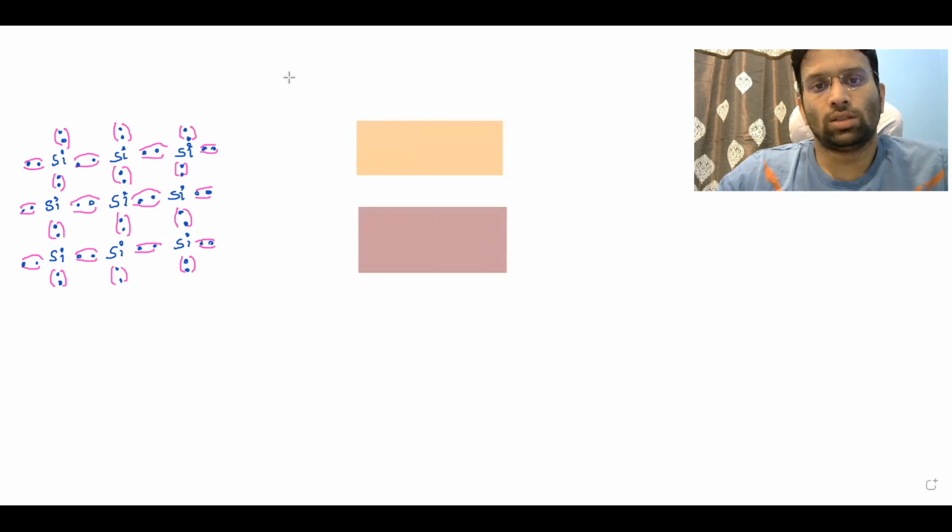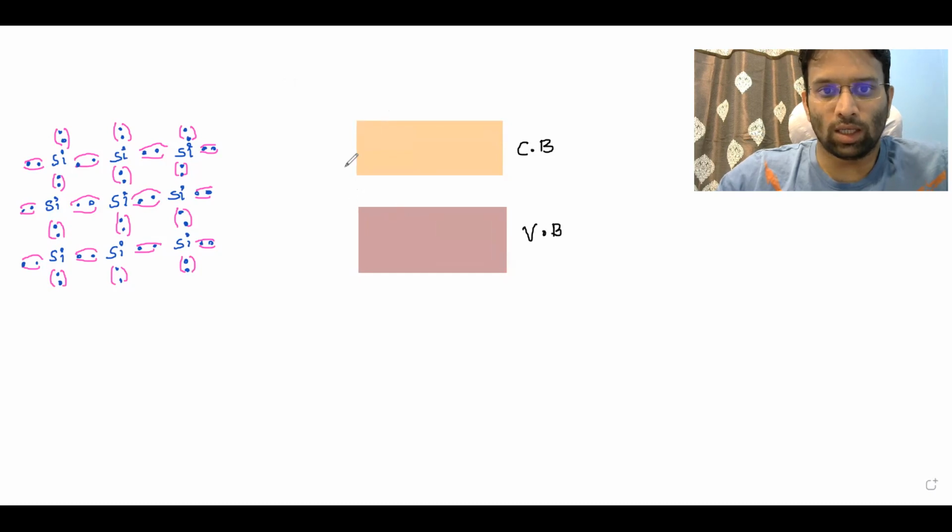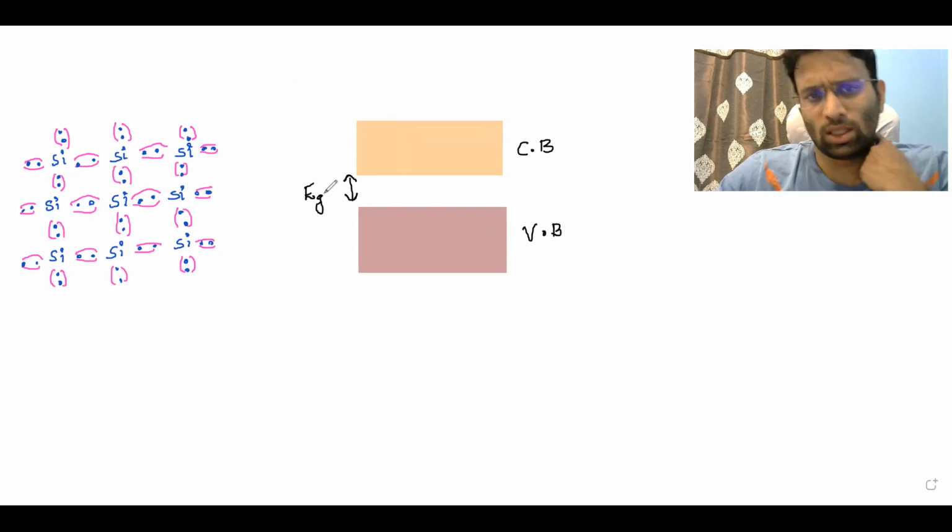If we think that above is the conduction band, below is the valence band, and the energy gap is around 1.2 electron volt, or something less than 3 electron volt.